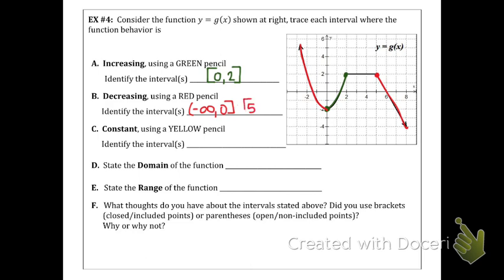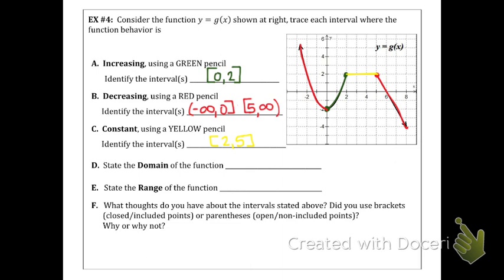So x is 5 to +infinity. All right, and where it's constant, it wants us to use yellow. So we can see that right here, this piece from 2 to 5, we are constant. So from 2 to 5. It's a little harder to see.